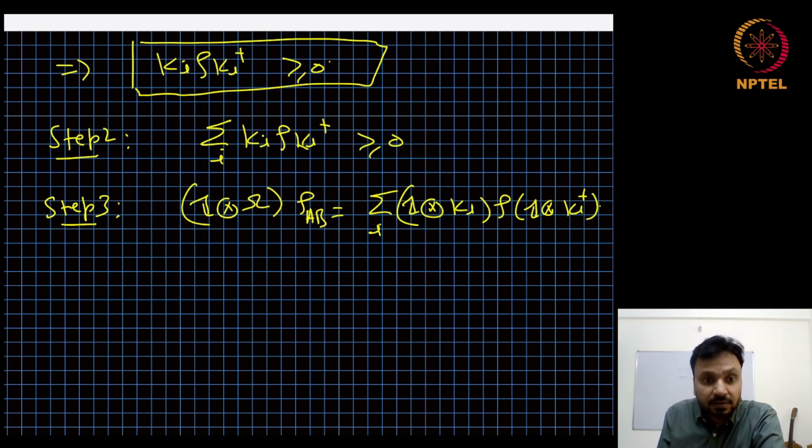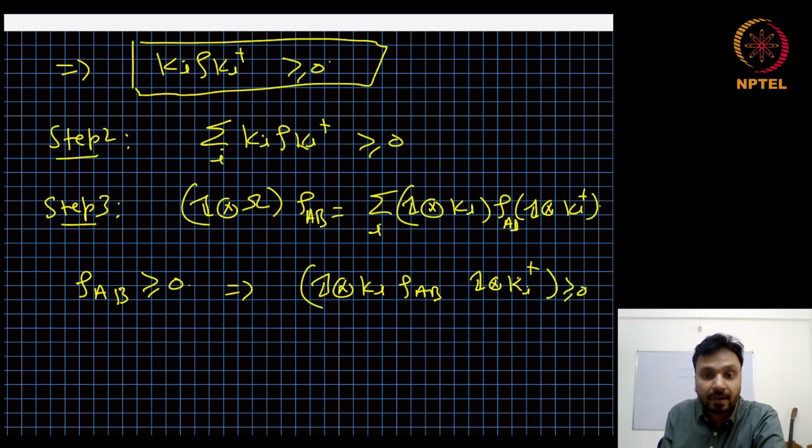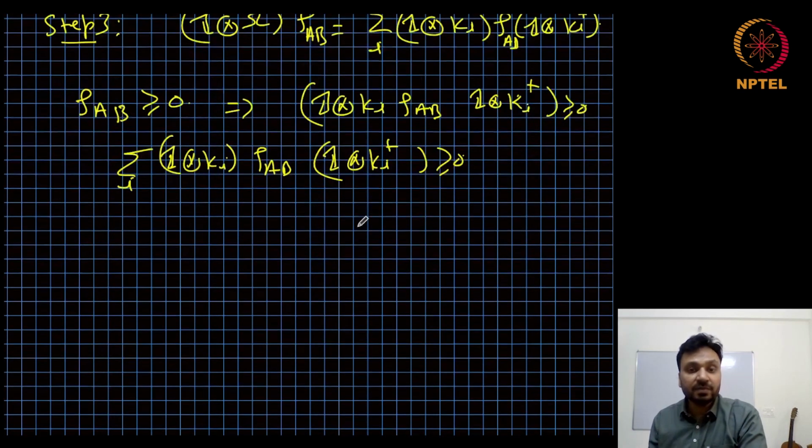So if rho AB is a positive operator, so is identity tensor K_i rho AB identity tensor K_i dagger, and hence sum over i of identity tensor K_i rho AB identity tensor K_i dagger is positive. And here we have not assumed anything about rho AB other than the fact that it is a positive operator.